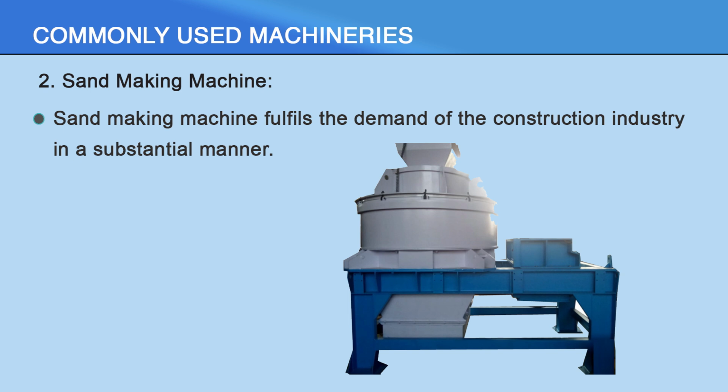The sand making machine fulfills the demand of the construction industry in a substantial manner. The machine consists of a feeding hopper, rotopactor, sand screen, conveyors, elevators, electrical prime movers and controls, etc.